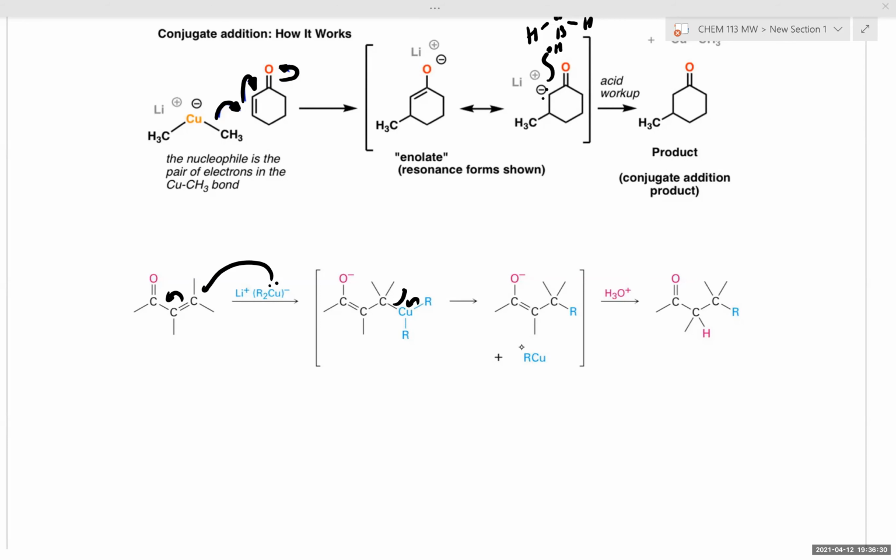Yeah, so it can be best thought of as a copper-centered nucleophile that adds, and then there's a reductive elimination step where copper is reduced and we form a carbon-carbon bond. This arrow pushing step here is known as reductive elimination.